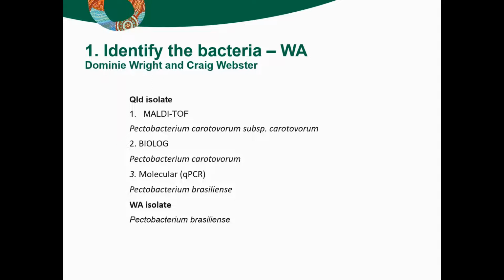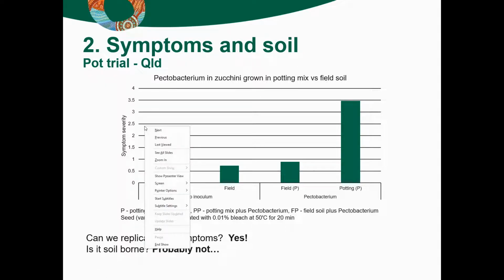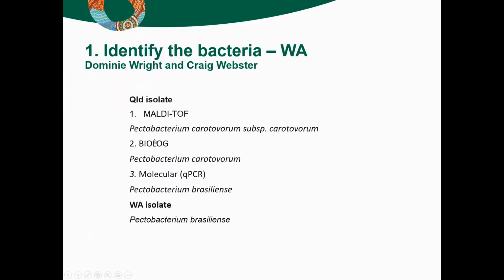So first of all, we got our identifications done in WA, thanks to Dom and Craig. Working off of our molecular ID, which is Pectobacterium brasiliensis, for a couple of our isolates, you can see that using technologies 1 and 2, you do get slightly different identifications.